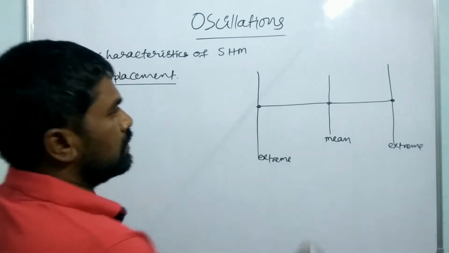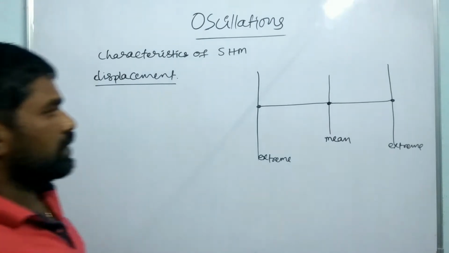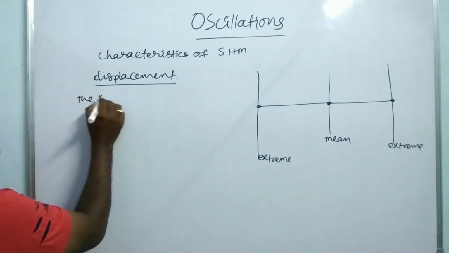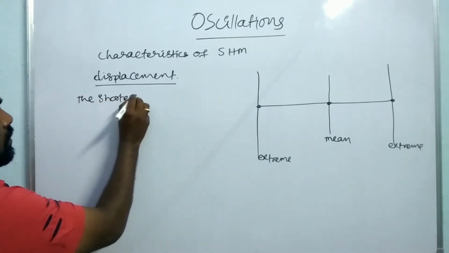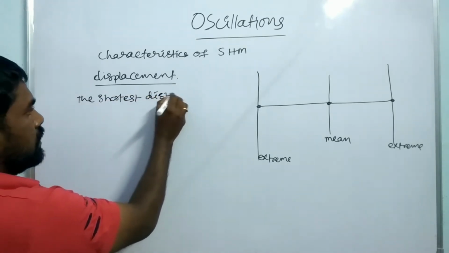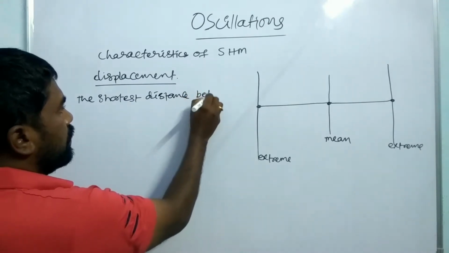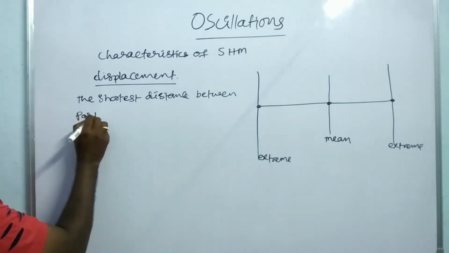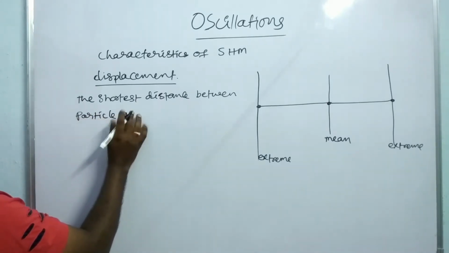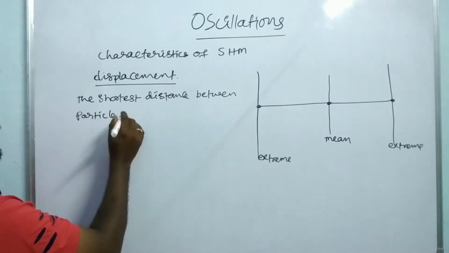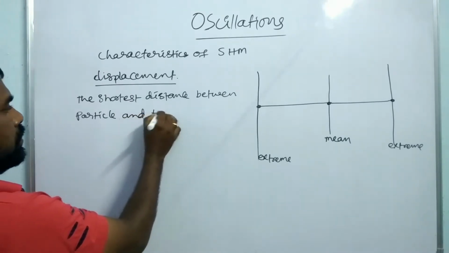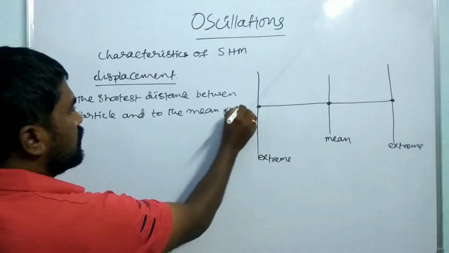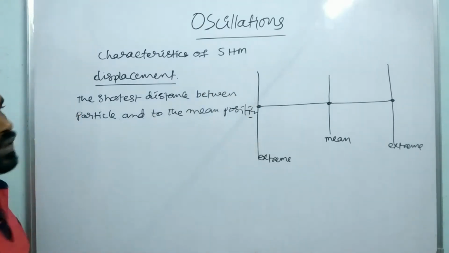So here the displacement is measured by the shortest distance between the particle and the mean position.